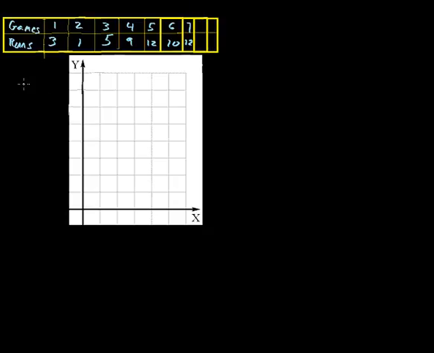So in my chart here, the way that I'm going to label this is the games will be on the bottom, and the runs scored is on the vertical axis.